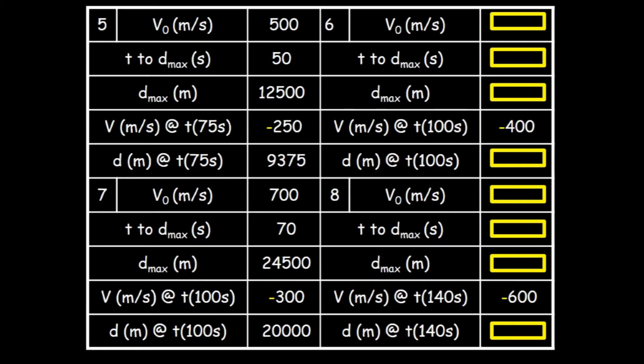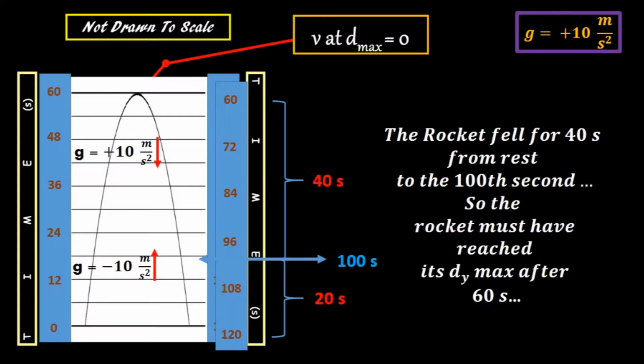Very clear. Now, the next one, we're going to start with 400 meters a second at 100 seconds. So obviously it's going to be going for 40 seconds. So it must have reached its maximum altitude at 60 seconds. So it says here the rocket fell for 40 seconds from rest to the 100th second.